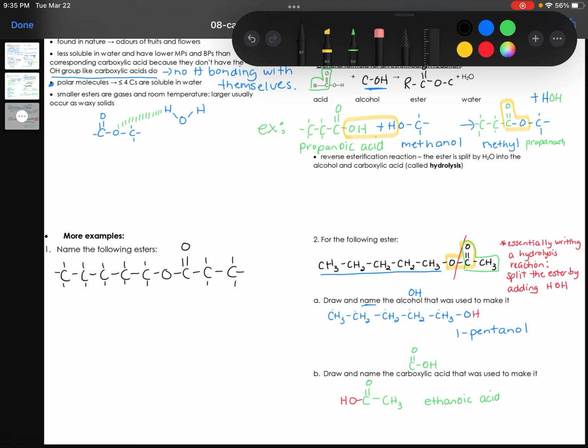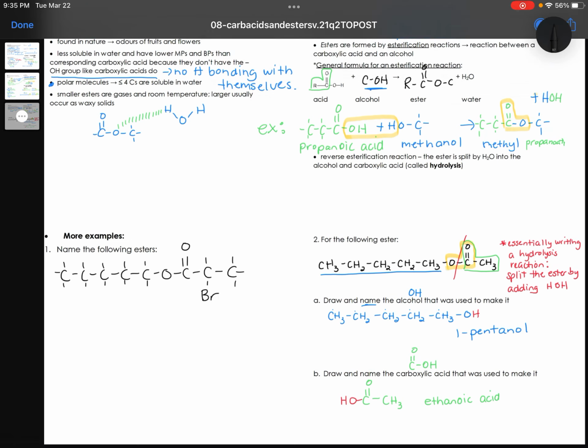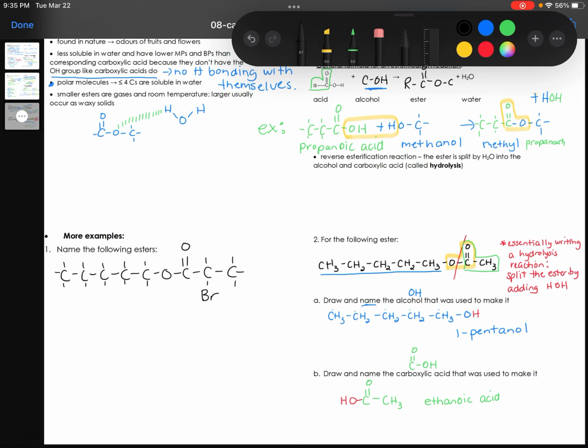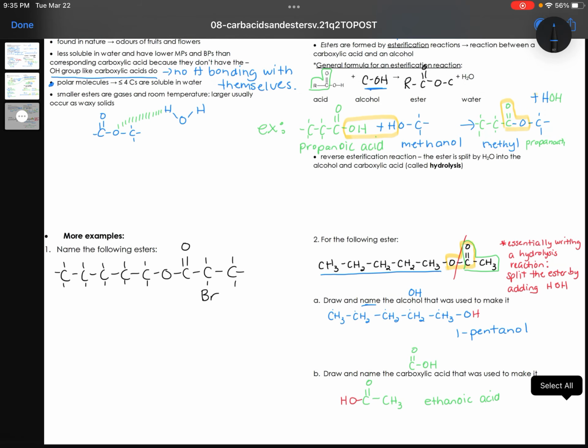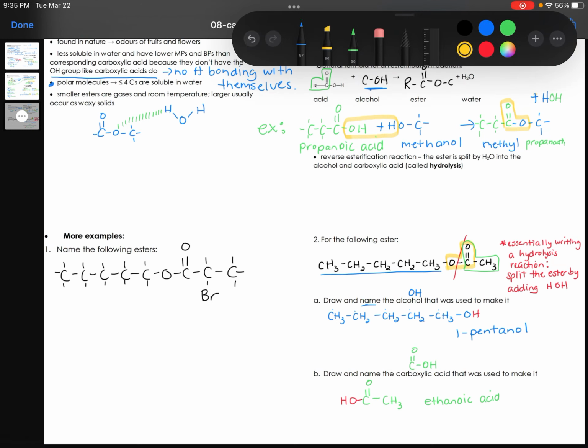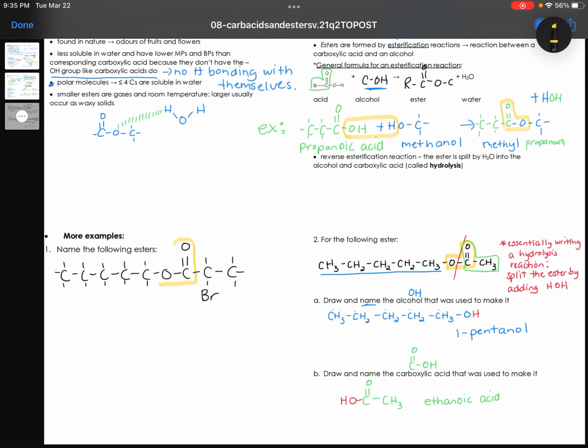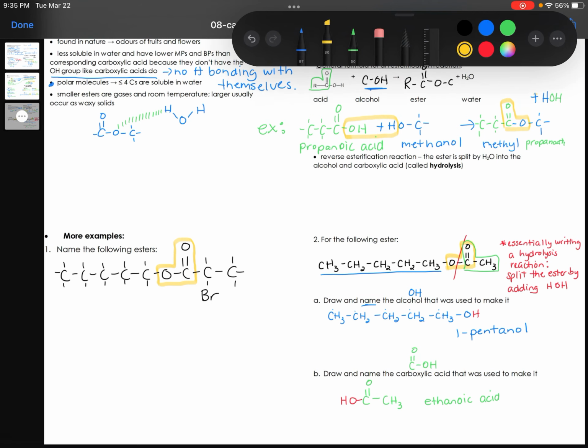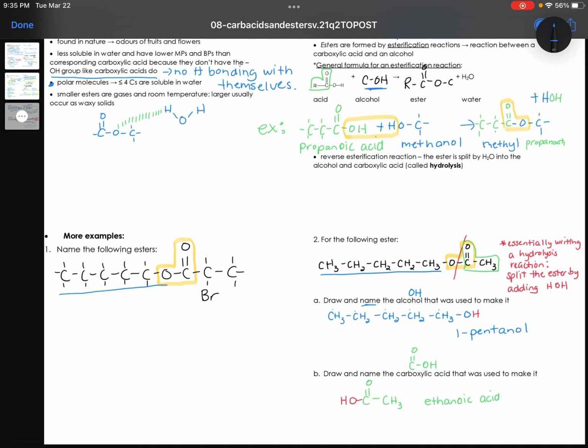I forgot to draw it. So I'm going to put on a bromine. So you're just going to follow your rules as you have been using them the whole unit. For the ester, this is an ester linkage. The part that's connected to the single O is named first.